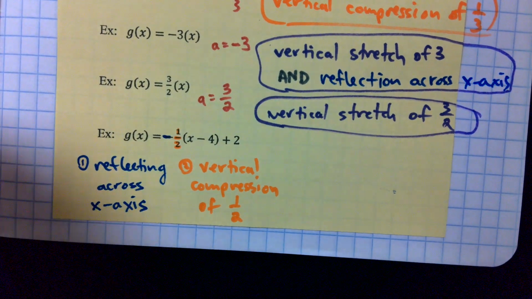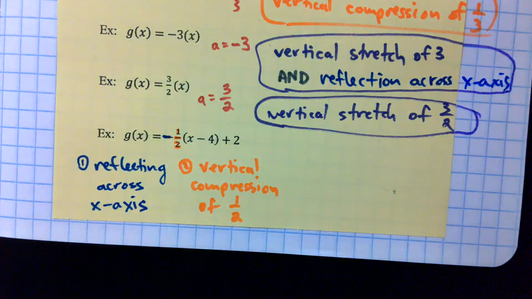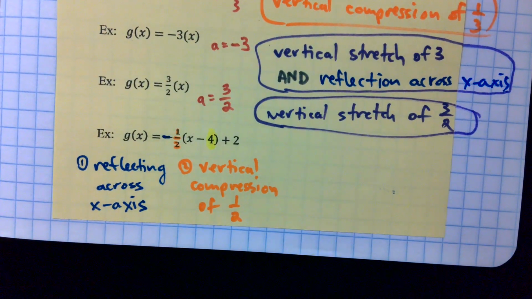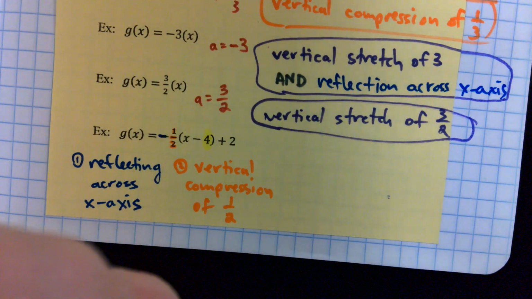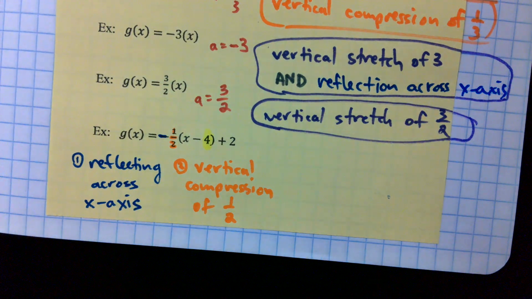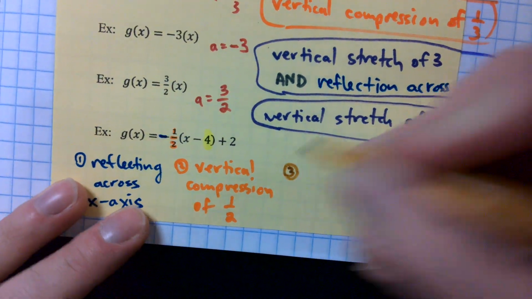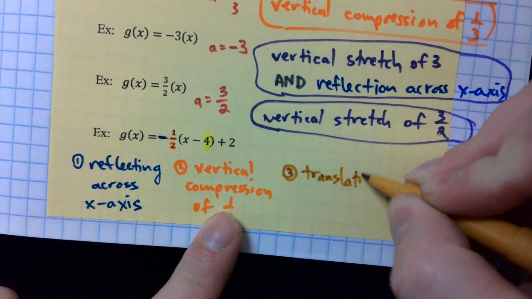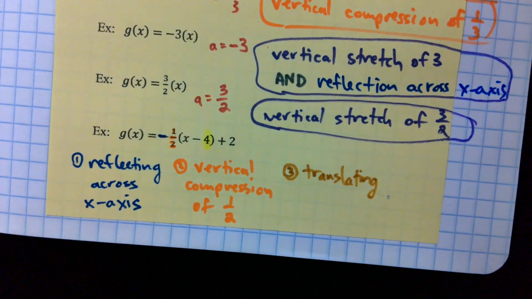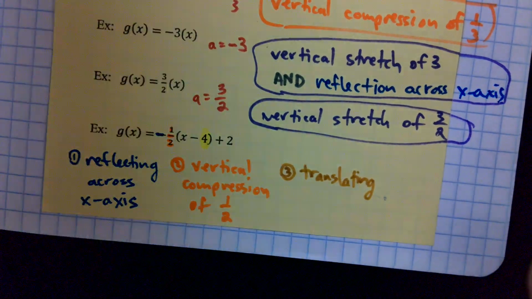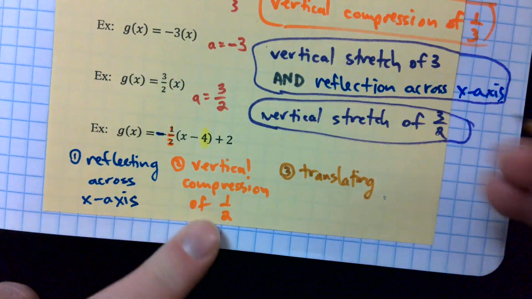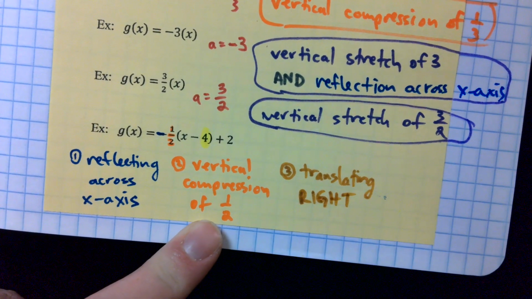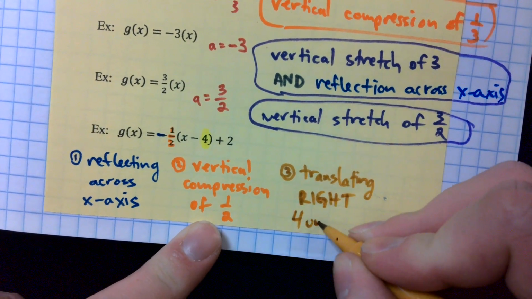Is that all I'm doing? No. What's the next thing I see inside the parentheses? I see a -4. That -4 tells me that I'm translating to the right, exactly, because the minus sign in the parentheses tells me I'm translating right. How many units to the right? 4 units.